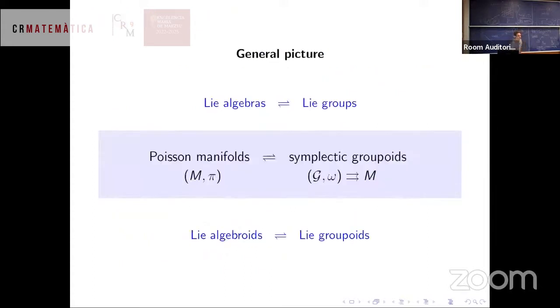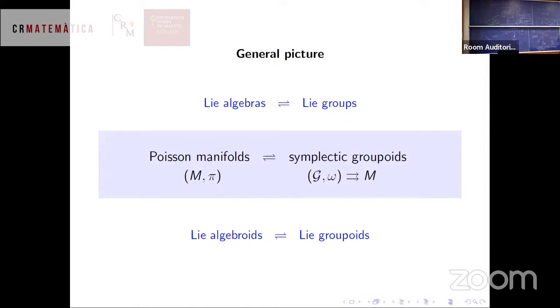So this is the general picture, okay? If you don't really understand what I'm going to explain about groupoids and algebroids, I just want you to remember this: there's the usual theory that relates Lie algebras and Lie groups that we all know about. And there's a far-reaching generalization of this theory to objects known as Lie algebroids and groupoids, okay? And here in between, there's a relationship between Poisson manifolds, which, as we saw, in a way generalize Lie algebras if you look at their duals, right?